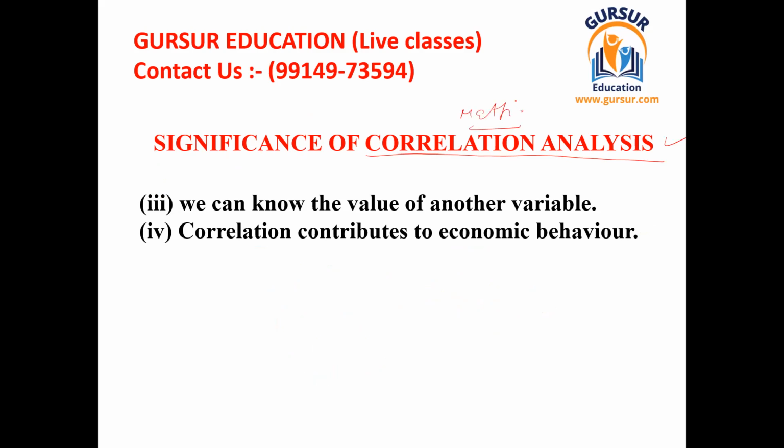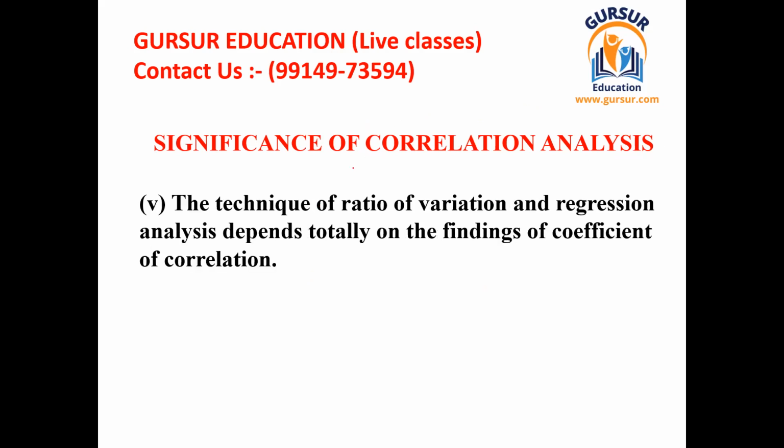It makes it easy to combine or relate two variables A and B. So this makes it possible to find the value of B on the basis of A. This, along with regression, we shall study tomorrow. The next significance: the technique of ratio of variation and regression analysis depend totally on the coefficient of correlation.